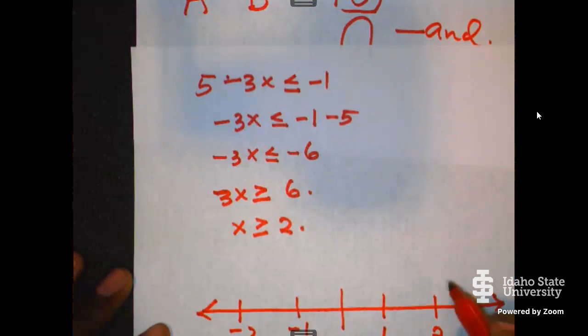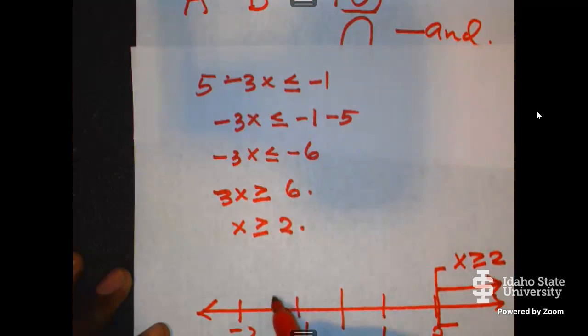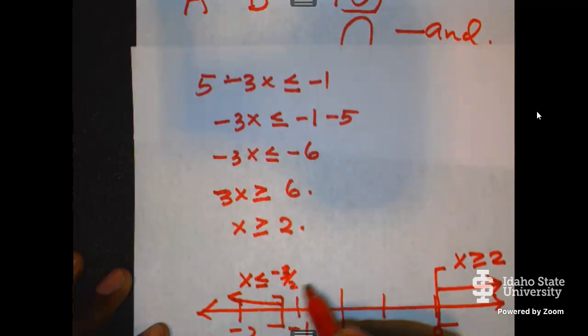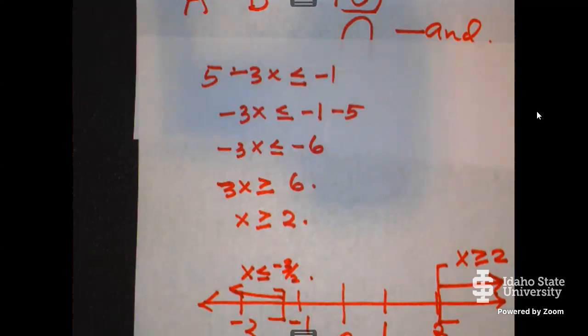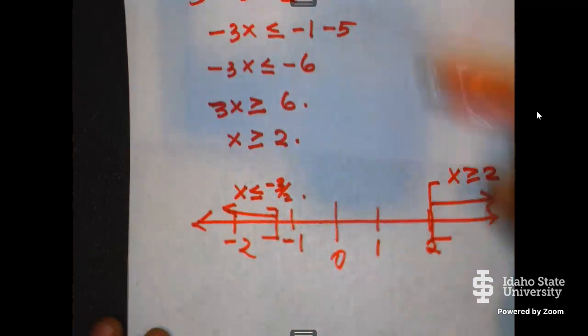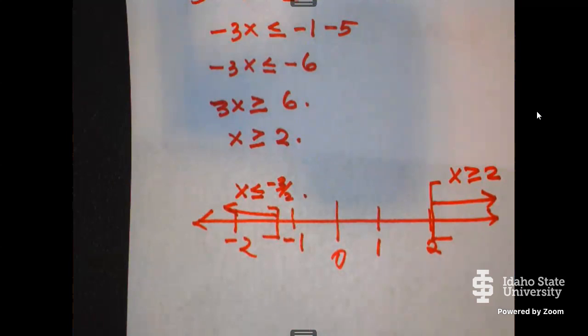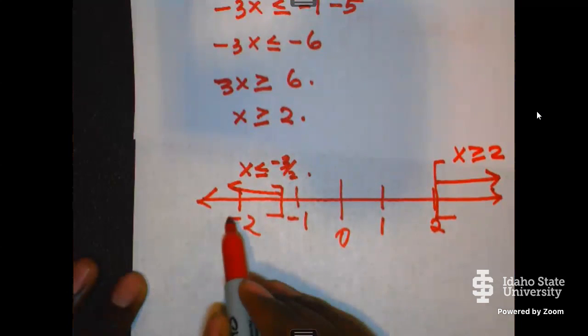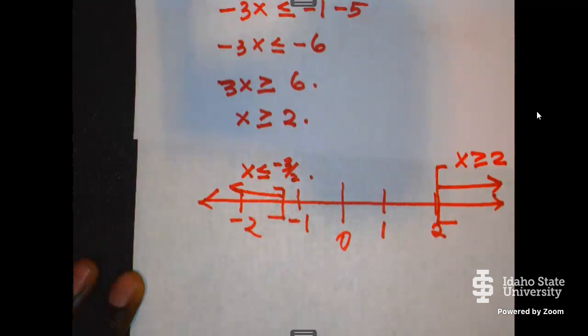So we have values which are going this way for x greater or equals to 2, and the values which are going this other way for x less or equals to what? -3/2. Okay. So in our case, to write this now, we use the union because there are values on one side and values on the other side. So we combine them. So it will be like what we did last Wednesday.